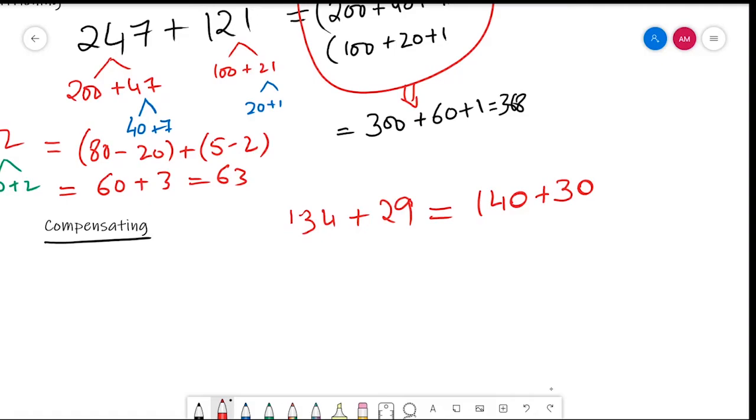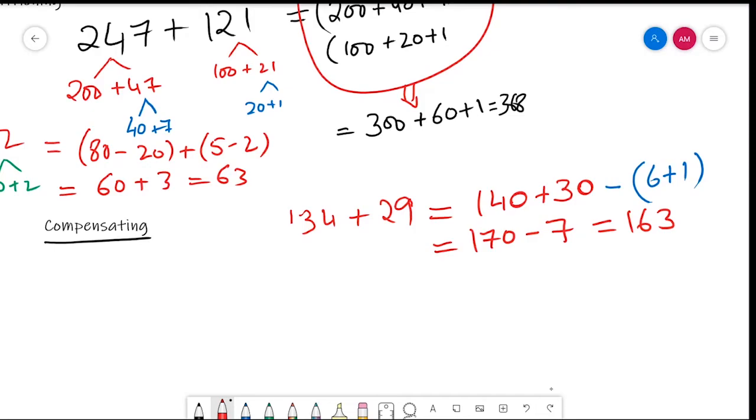So you have to subtract the things which you have added. You had added 6 and you had added 1. So this comes out to be 170 minus 7. So this is 163. So this is another way of doing mental arithmetic.